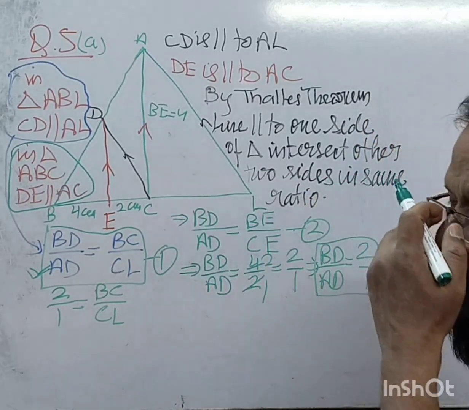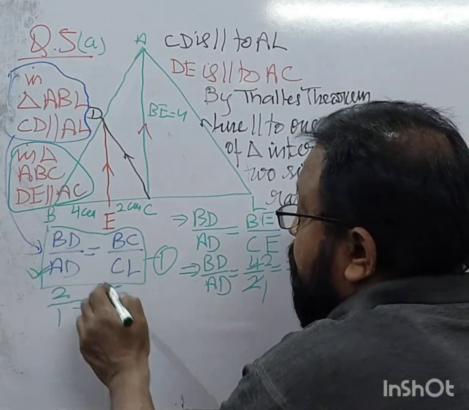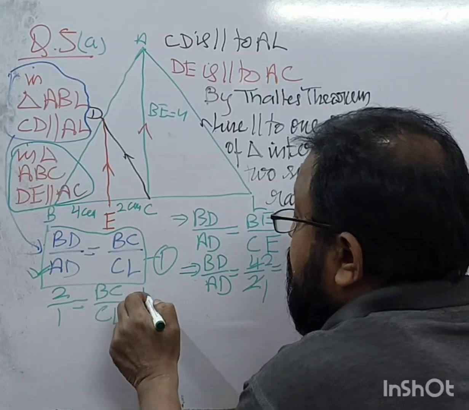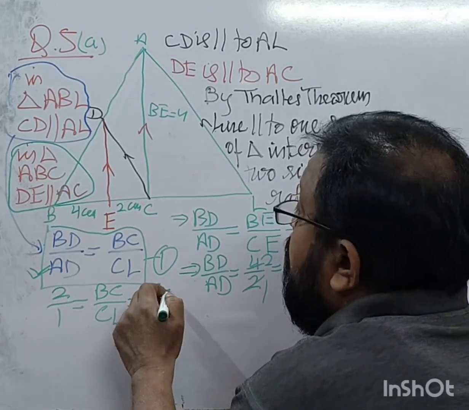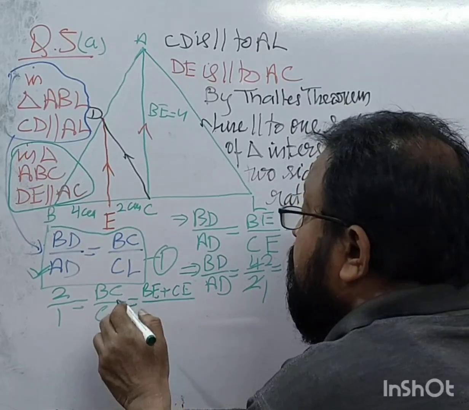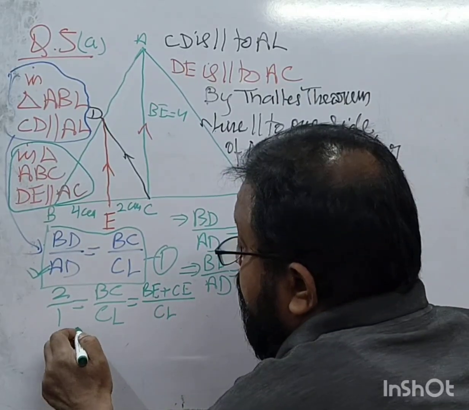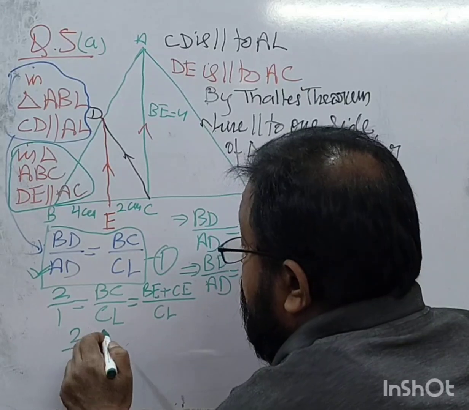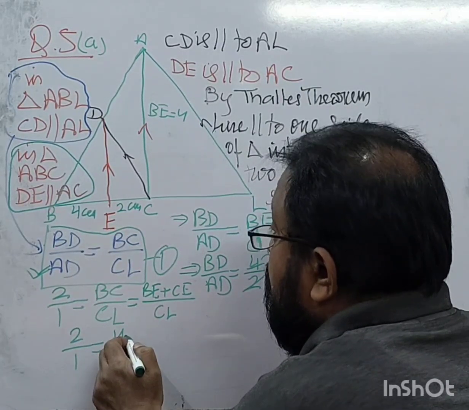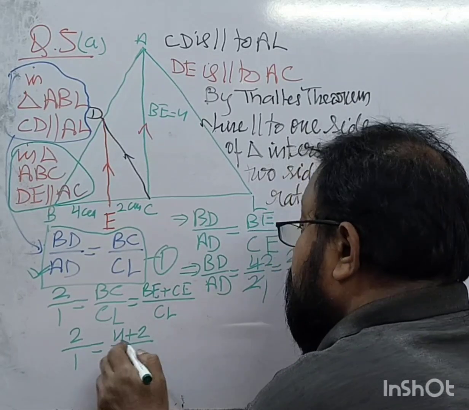Okay, you are very smart. So BC we can write as BE plus CE upon CL. So we can write 2 upon 1 is equal to 4 plus 2 upon CL.